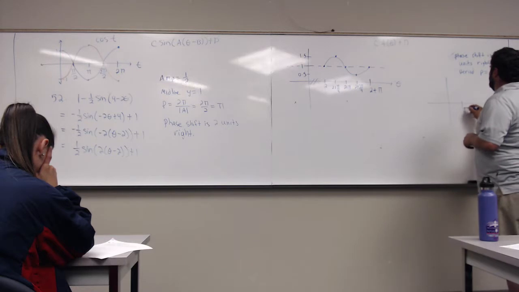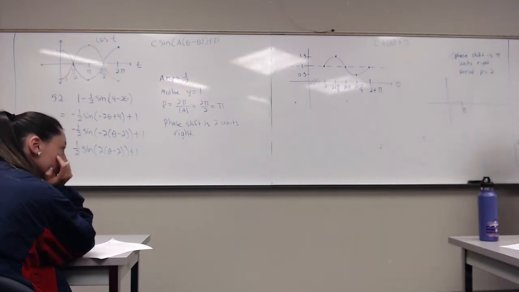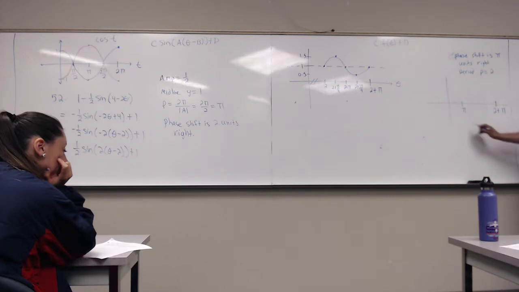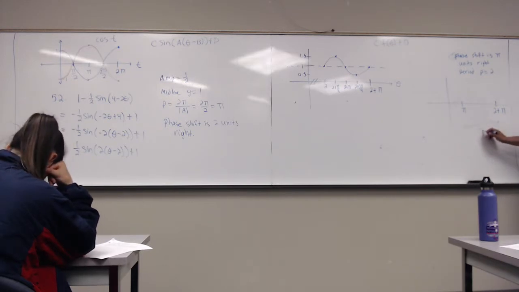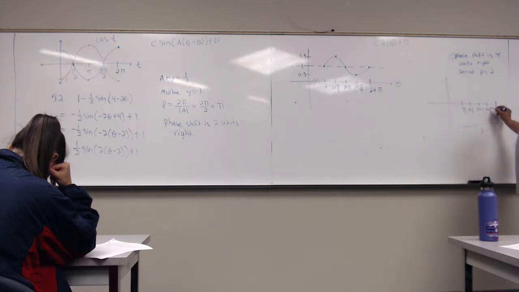I'd say, okay, there's pi, ignore the units from 0, and then we're done at, well, my period's 2, I just go to 2 plus pi. This is an interval now of width 2, and then I can break it up into fourths. This is pi plus 1/2, pi plus 1, and this is pi plus 3/2.